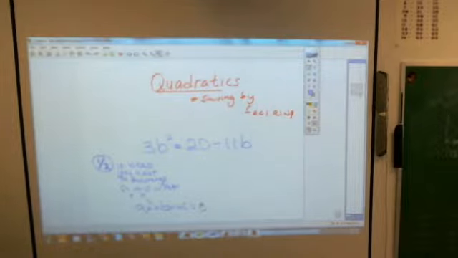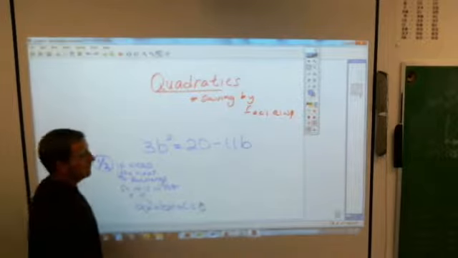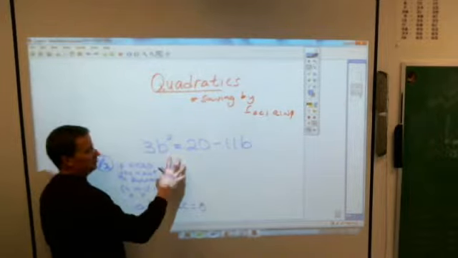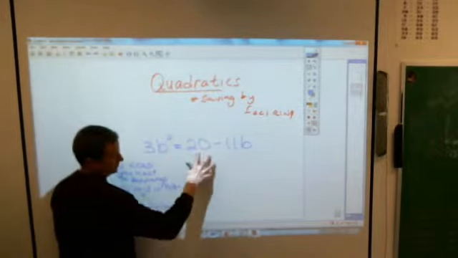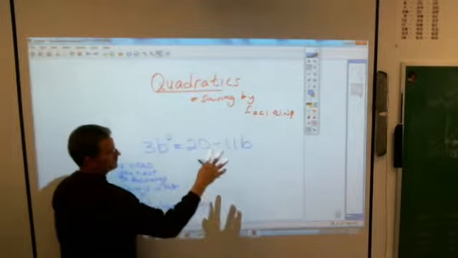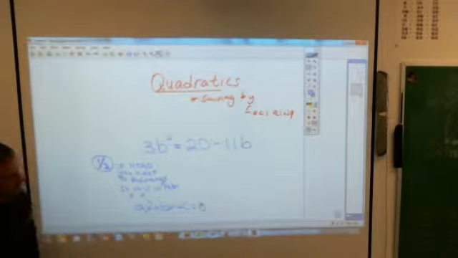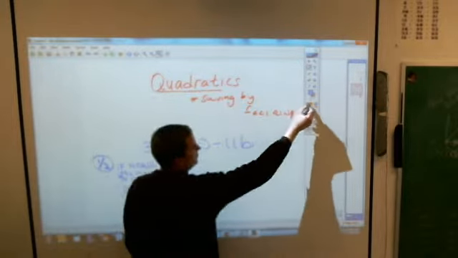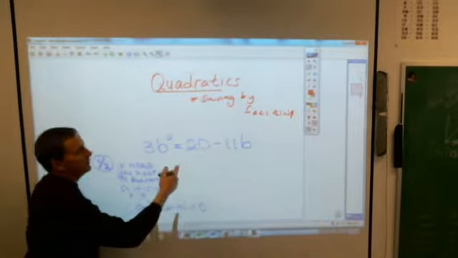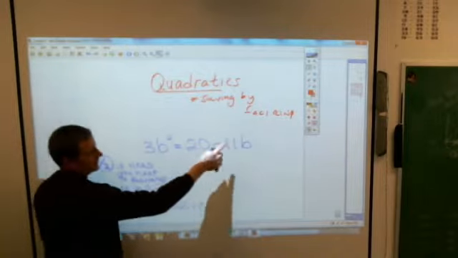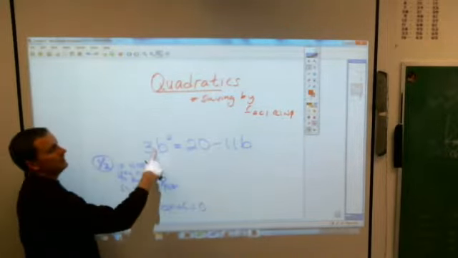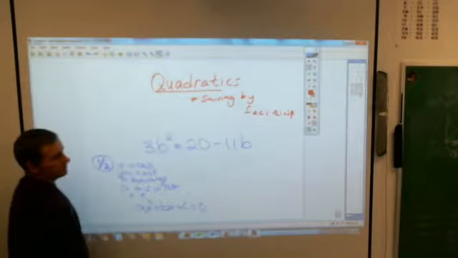Which simply means this: you need to have the square term, then the normal variable term, then the number, and all that has to be equal to 0. So when I look at this equation, I need to move the 20 to this side, I need to move the negative 11b to that side, and I need to have it equal to 0.